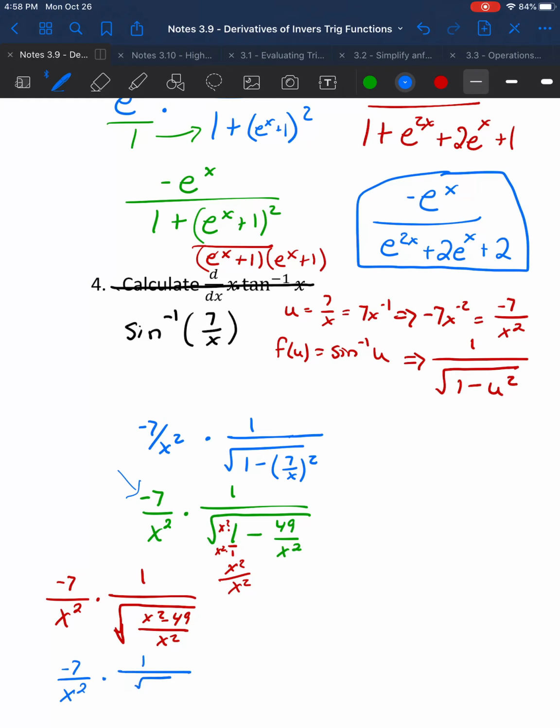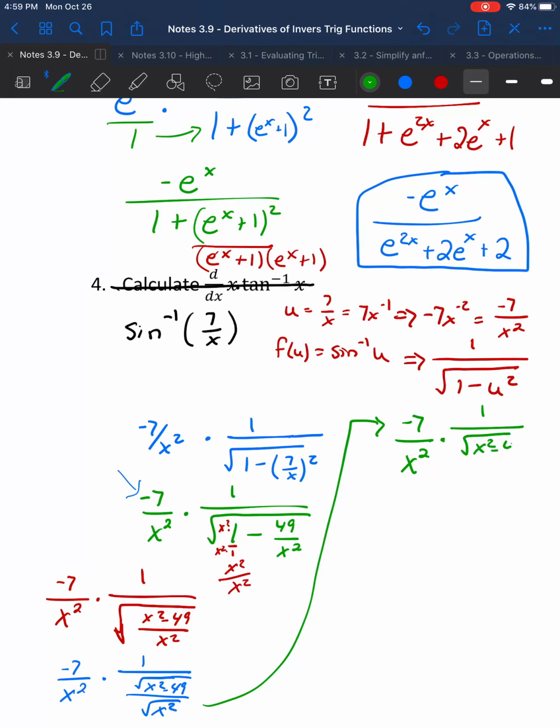When I take the square root of a fraction, I can actually take the square root of each piece of the fraction separately, which is a good thing because now I've got the square root of x squared minus 49 over, can we take the square root of that denominator? That would be just x. Okay, not crazy pretty yet, but we're getting there.